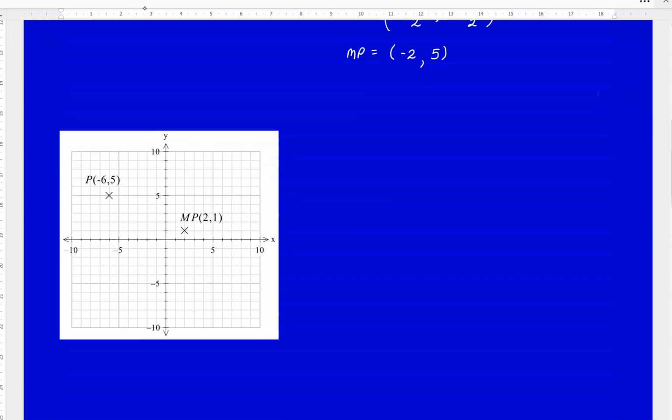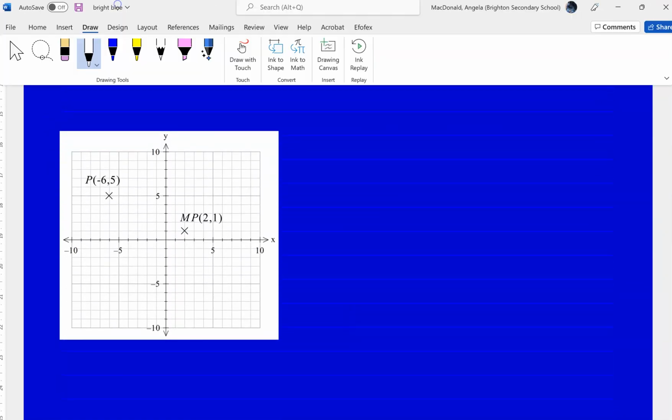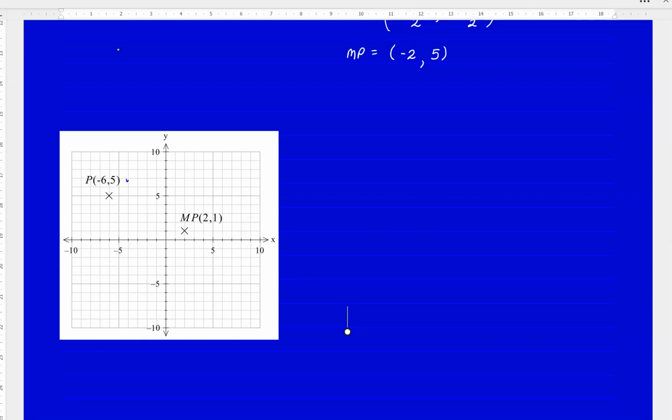The second type of question that we're going to get is this one, where you're given 1 point and you're given the midpoint, and then you have to find what is the other coordinate. So obviously this point is right in the middle. This length and this length are the same, and so somewhere we've got this other coordinate.